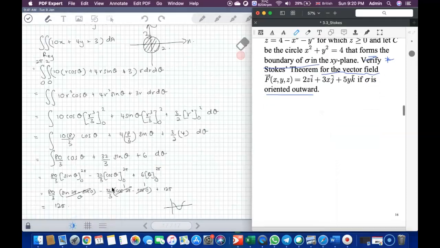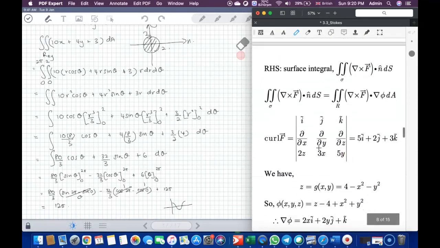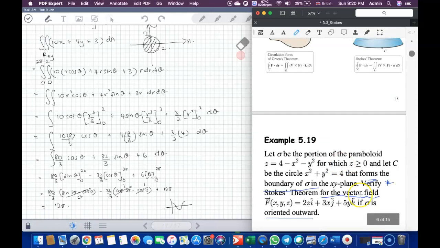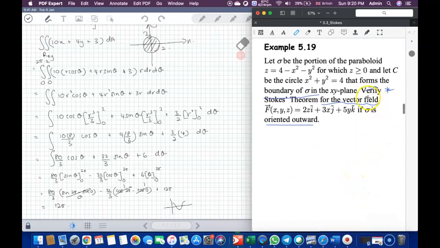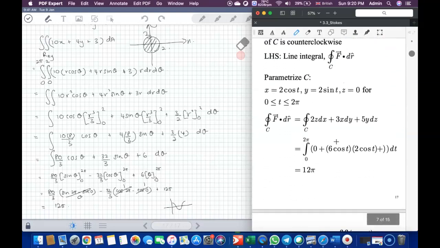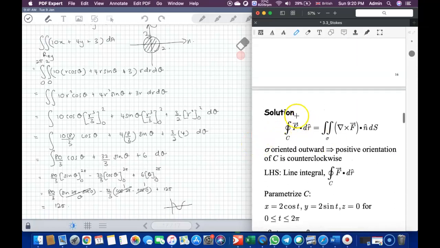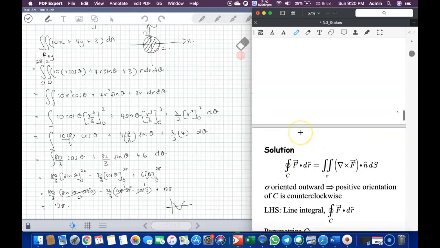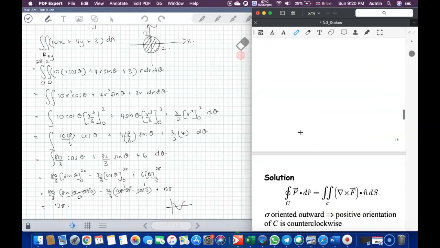Okay, so that is for example 5.19 where I modified the instruction. But if you want to proceed with the original instruction here, since I gave you all the calculations, you can also compute the line integral using the left side of Stokes theorem.